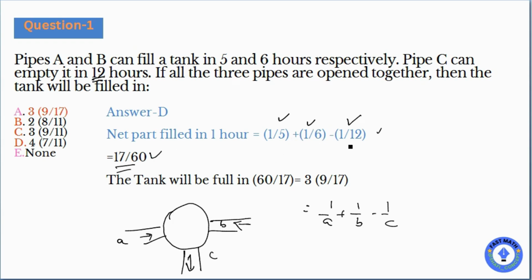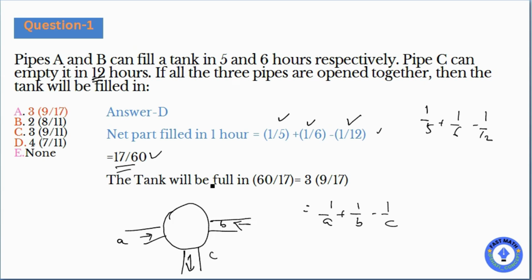Whenever you are solving such problems, you have to calculate the LCM. You might already know how to do the LCM. You can check out the LCM procedure in our last videos also; the link is in the description, so that you have a better idea of how to calculate the LCM. Finally, you get 17/60.